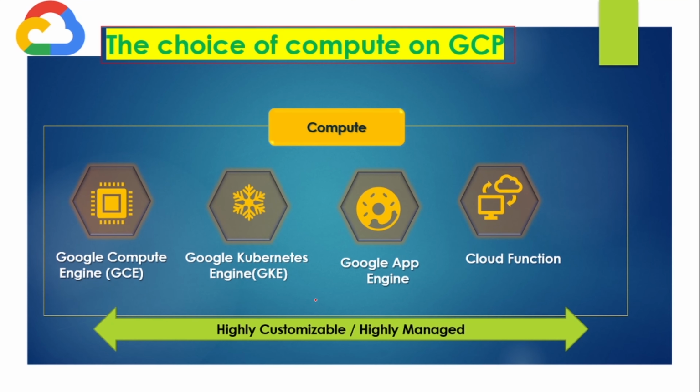Now let's have a look at use cases when you should choose a particular compute service. So on the leftmost side, we have GCE, that is Compute Engine, and on the rightmost side we have Cloud Functions, and in the middle we have Kubernetes Engine and App Engine. So the idea here is that when you move from left to right, you go from a highly customizable environment to a highly managed environment.